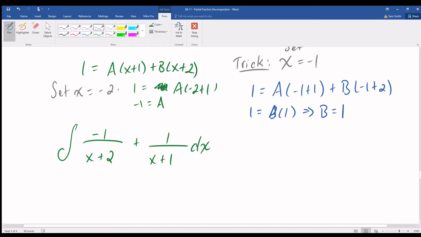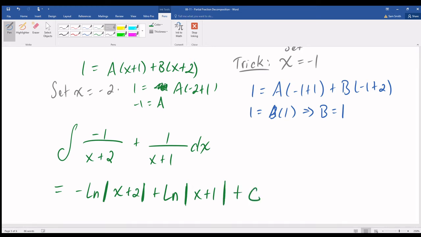But now these rational expressions are so simple that their antiderivative can be found just by using the natural log function. The natural log arises: negative natural log absolute value of x plus 2, plus natural log absolute value of x plus 1, and then plus C, our arbitrary constant.